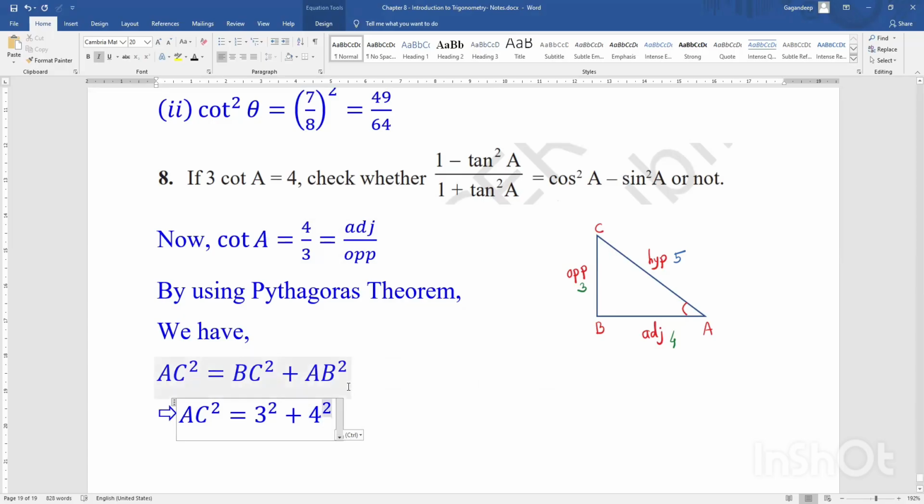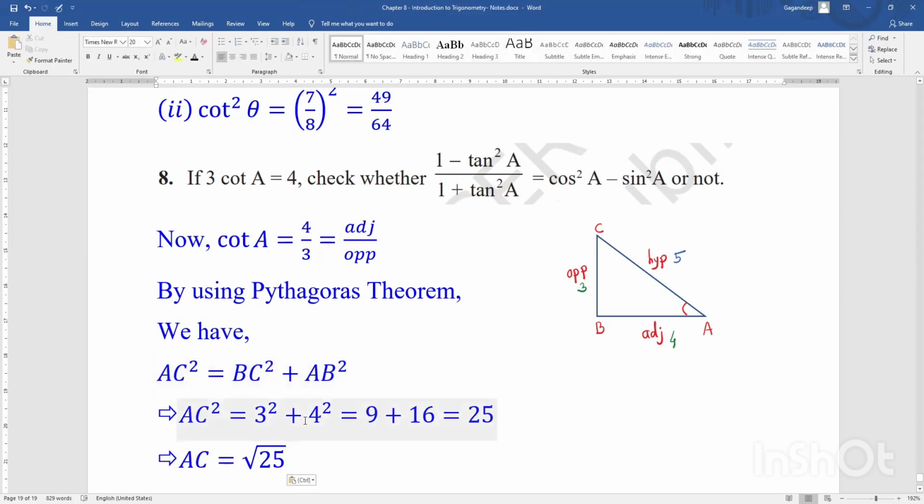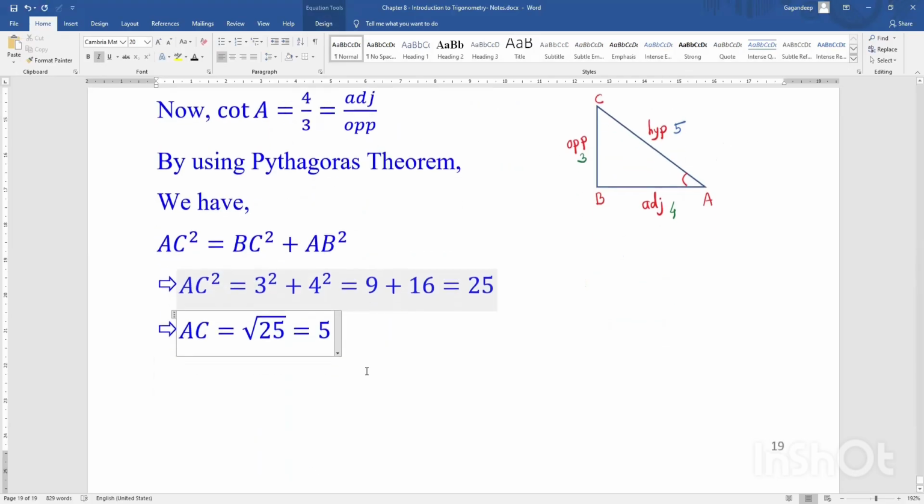So 3 square plus 4 square, which is nothing but 9 plus 16, which is 25. So AC is equal to square root of 25, which is 5.